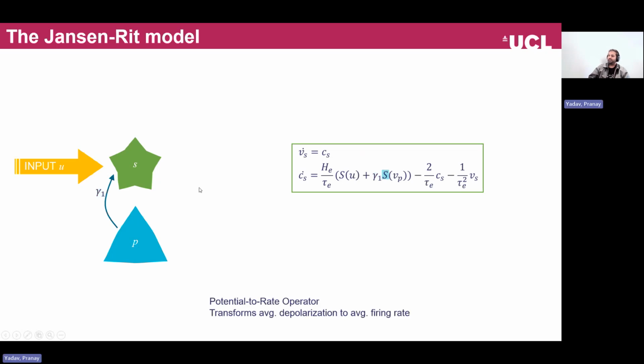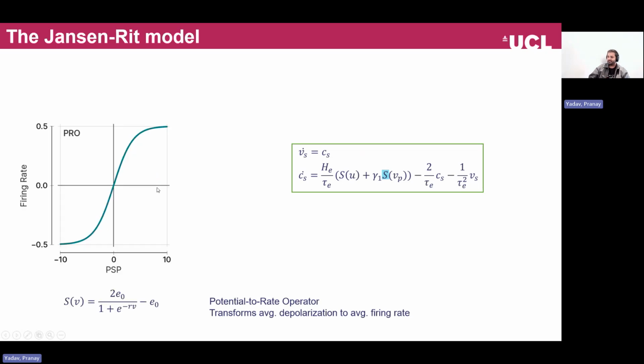Now, in addition to introducing this parameter, we've also introduced another operator called the potential to rate operator, S. This transforms the average depolarization of the pyramidal population to a firing rate that is received by the spiny stellate population. And this is usually modeled as a sigmoid.